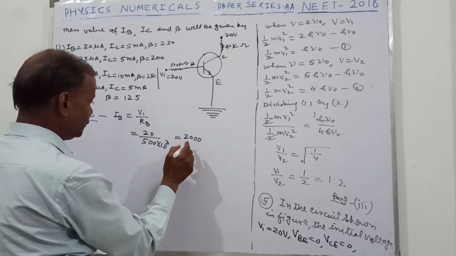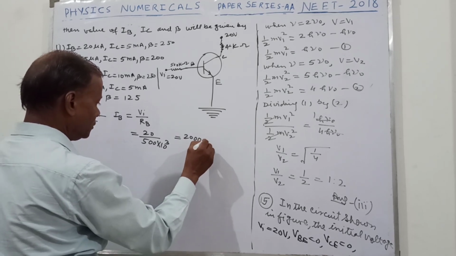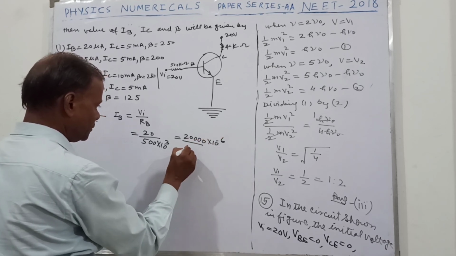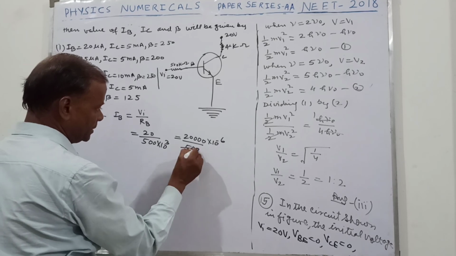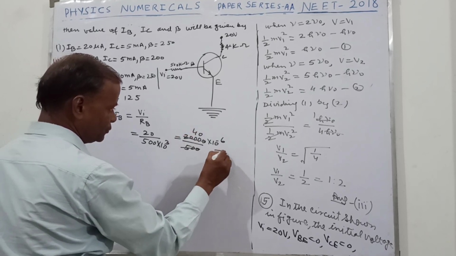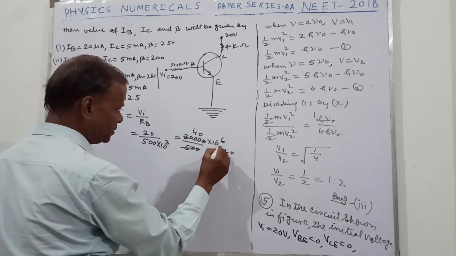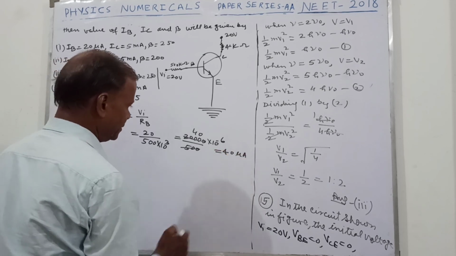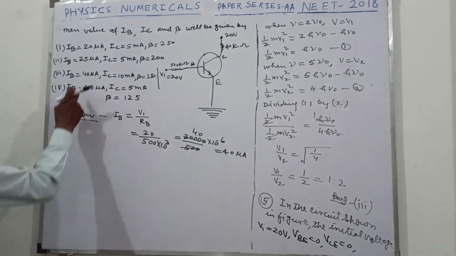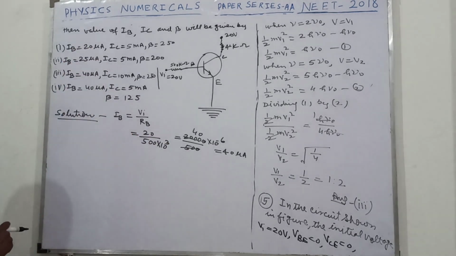Then this is 10 raised to the power minus 6 upon 500, then this will cancel, so this is your 40 microampere. We have to convert this into micro because all options are given in micro.